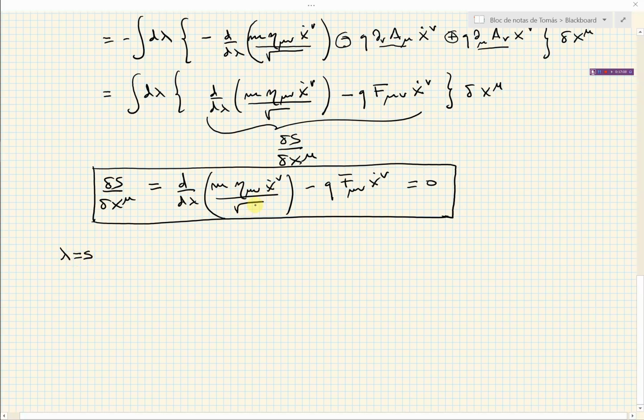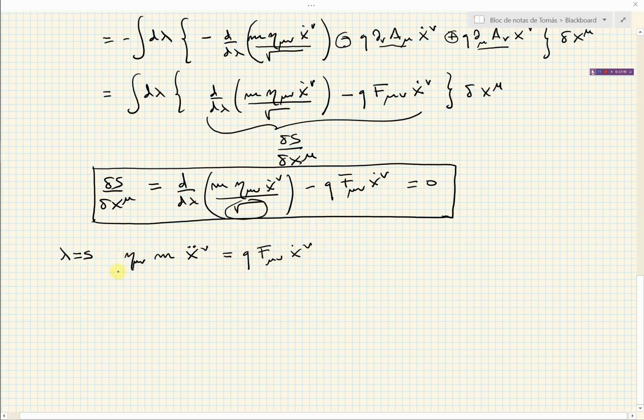In that case, this square root takes the value 1, and we have m, this eta mu nu here, then we have x double dot nu. And the other term I put on the other side, so this is plus f mu nu x dot nu.